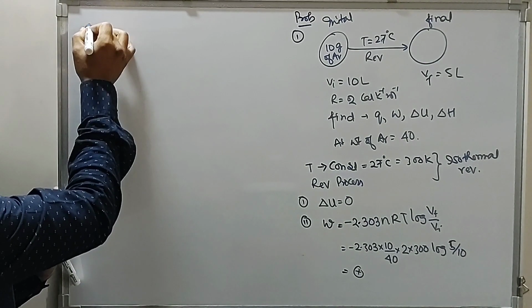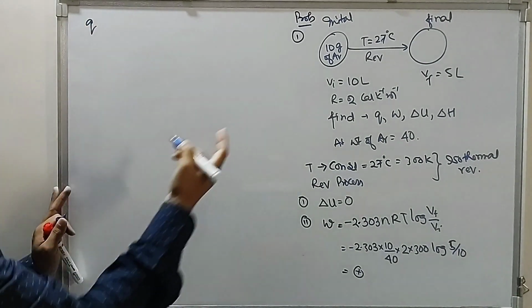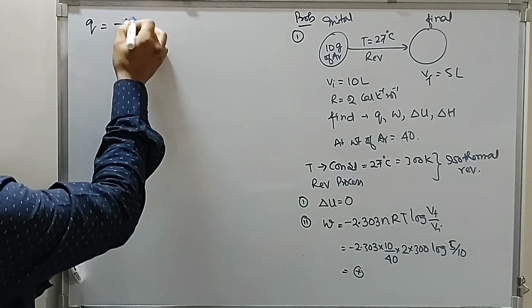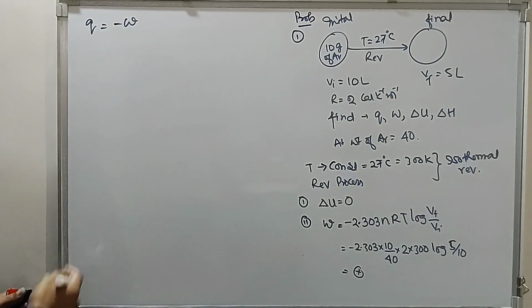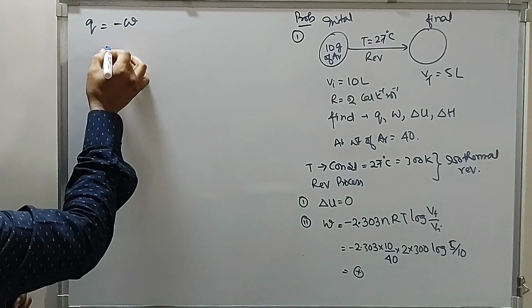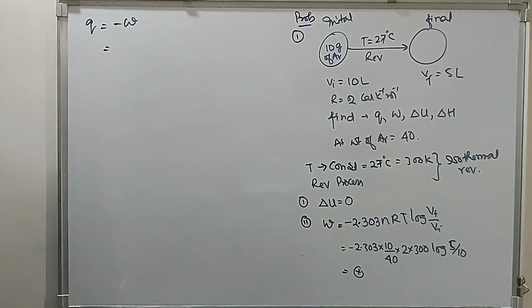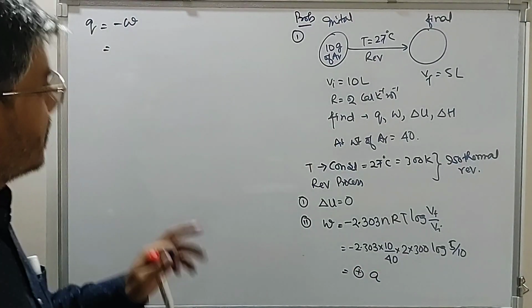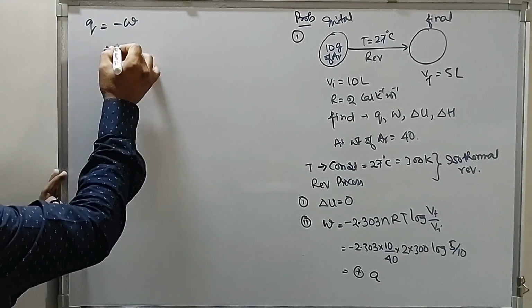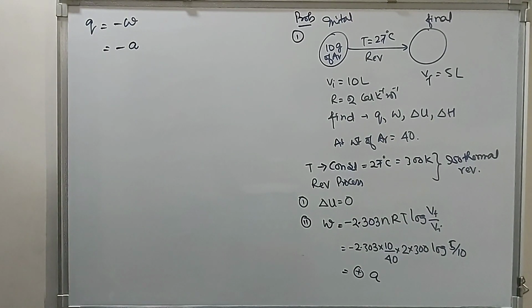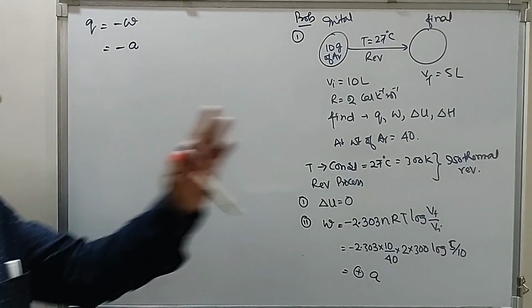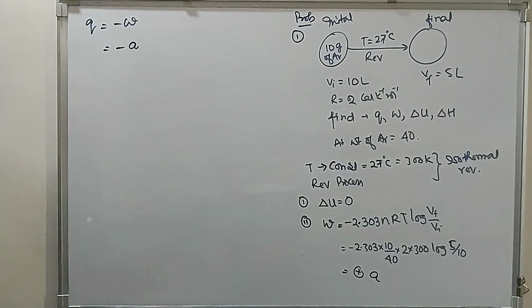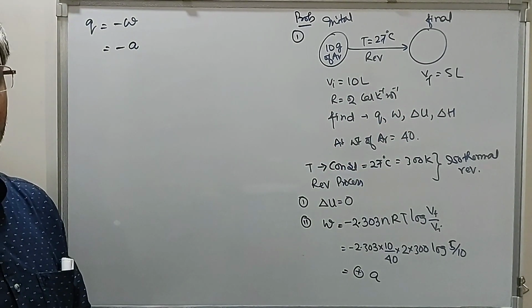Then look at this, we have to find the value of Q. So for this isothermal process, Q is equal to minus of work done. So therefore Q is equal to minus of this value. Suppose this is some positive A, then Q will be minus A. Now we have to find the value of delta H. Now the process is isothermal.